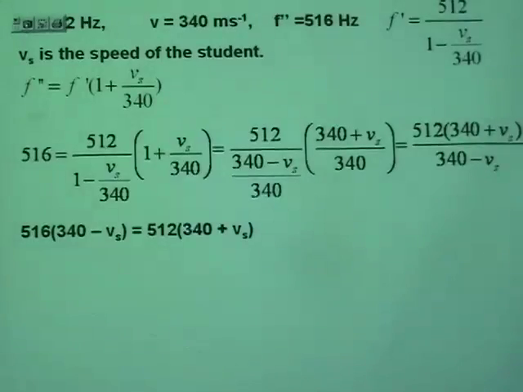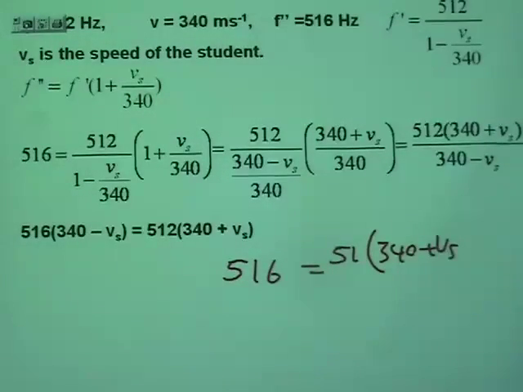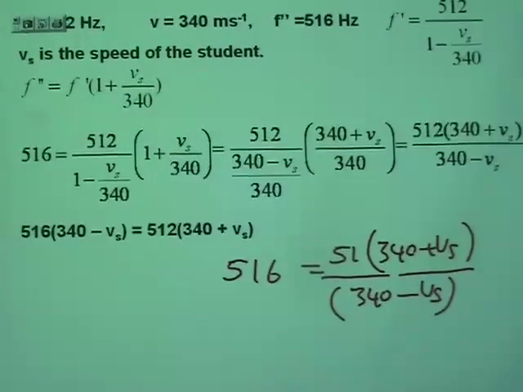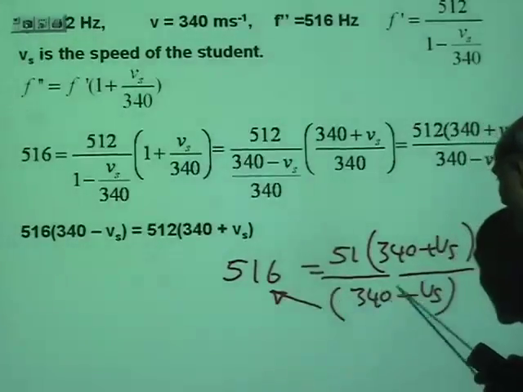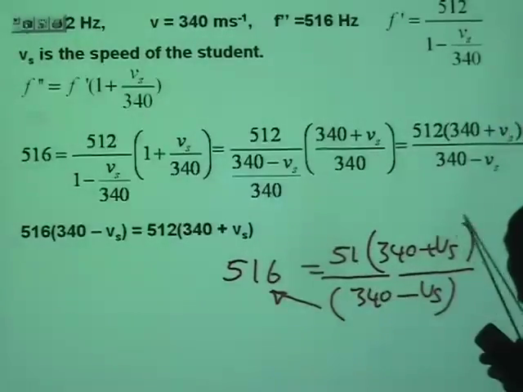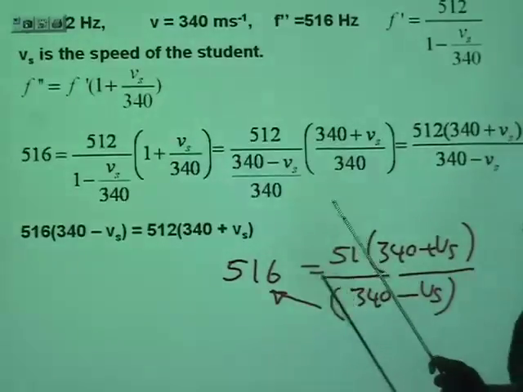You see, this is actually 516 equals 512 times 340 plus Vs over 340 minus Vs. What I did is just to cross multiply. So this step is 516 times this quantity equals that quantity.